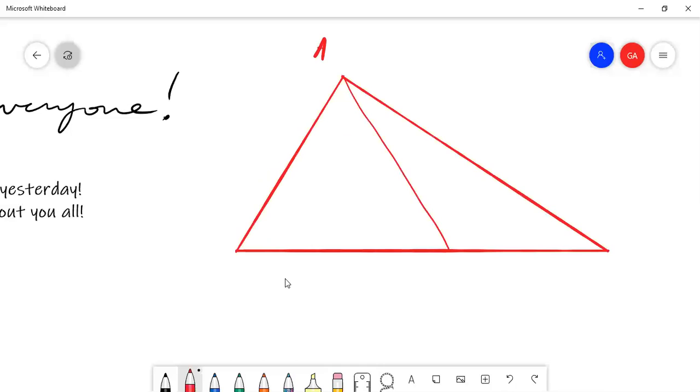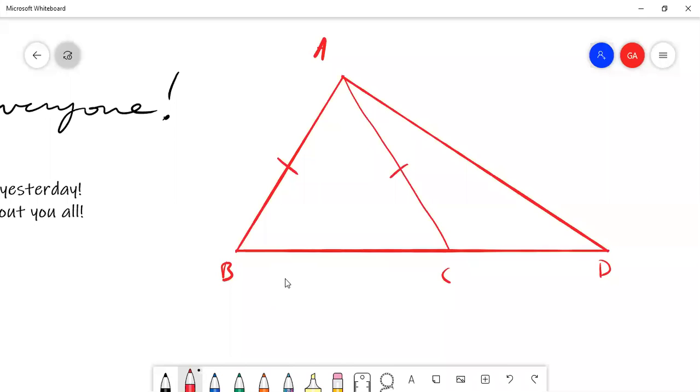And I'm going to call this A, B, C, D. So say I've drawn AC, this line, to be equal to this line, okay?